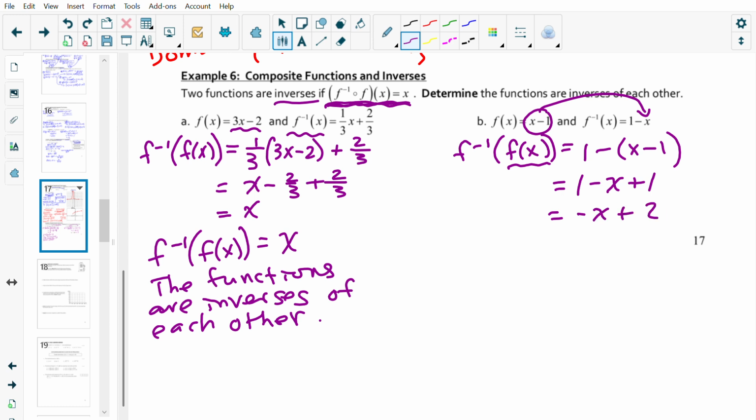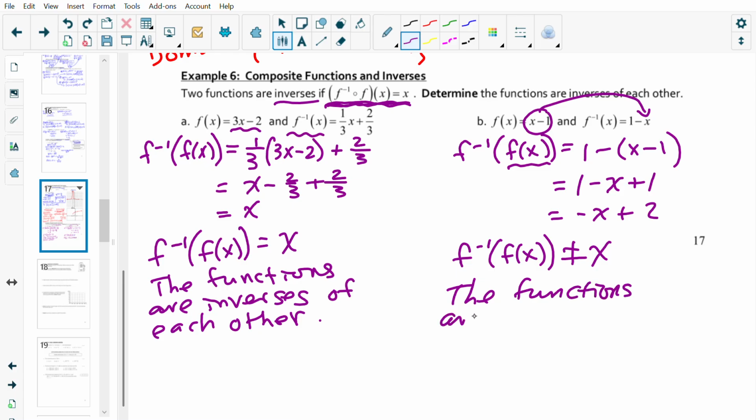I get negative x plus 2. So let's make a statement. Since the inverse of f of x does not equal x, the functions are not inverses of each other. Okay.